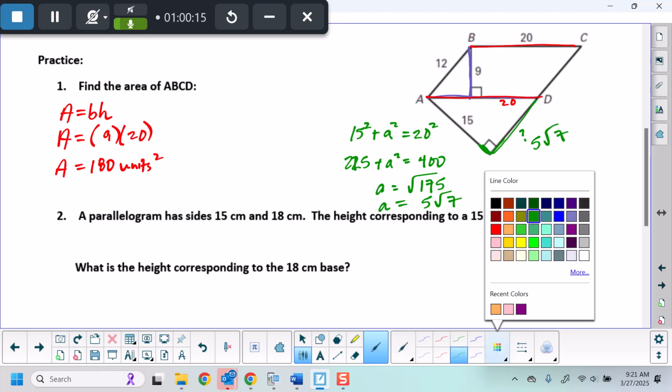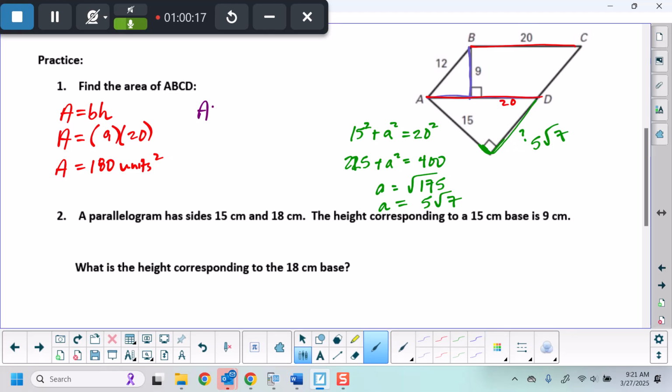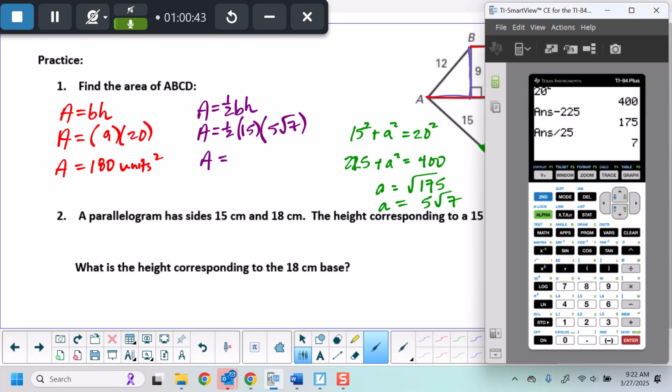So for my second one, I know that the area of that triangle is 1/2 times my base times my height. So my area is equal to 1/2 times 15 times 5 roots of 7. So my area of my triangle is going to be equal to 1/2 of 15 times 5.